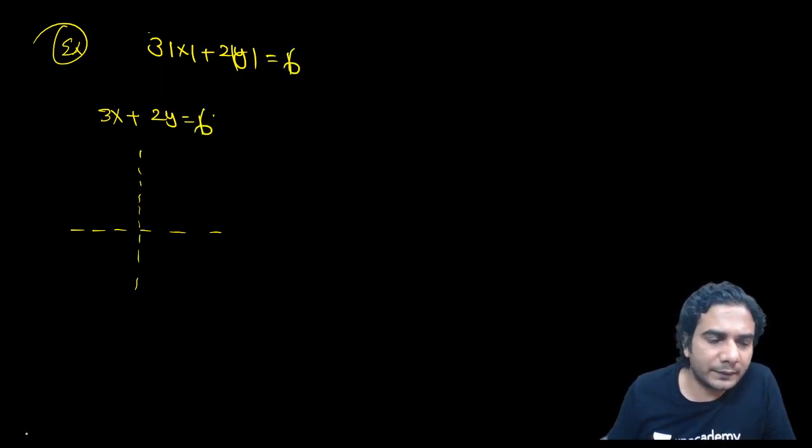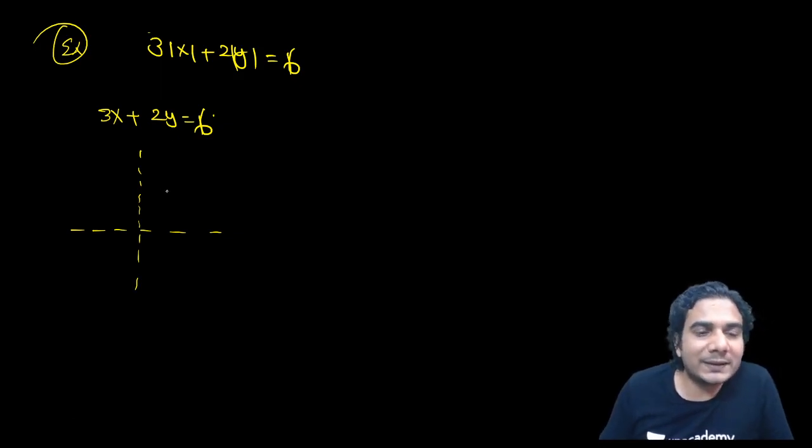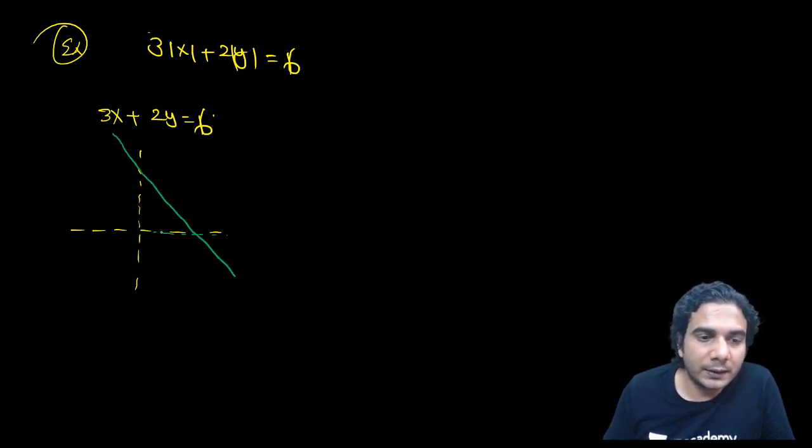There's no problem, you can take any number. So x intercept is 2 and y intercept is 3. So it will be like this. This length is 2 and this length is 3. This is 2 comma 0 and this is 0 comma 3.